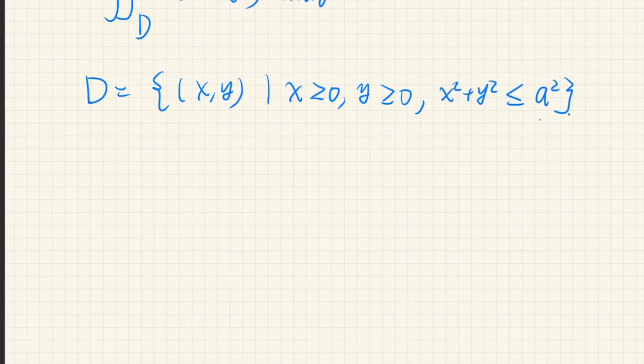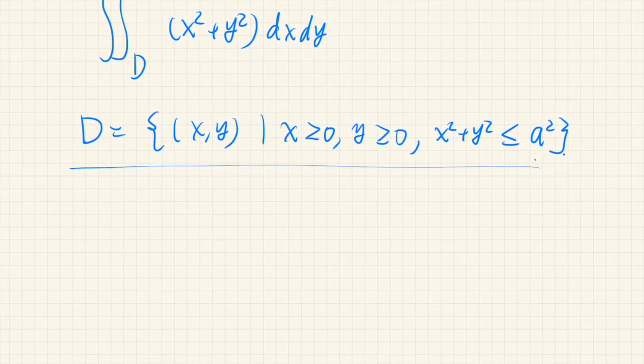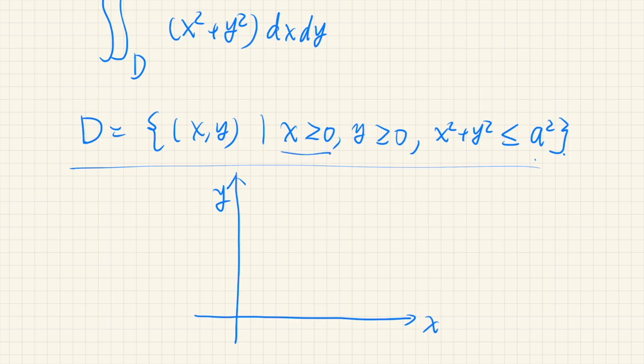Okay, if you draw the picture of this region, that's this. So x and y. And x non-negative, y non-negative, so we only consider the first quadrant. And x squared plus y squared equals a squared is a circle. So this is a quarter of a circle with radius a. So the region D is here, this one.